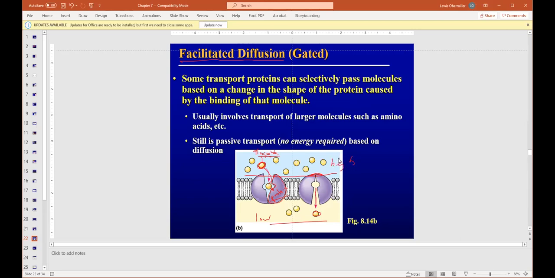High on the outside, low on the inside. So there's no energy. It's still passive. But this is gated because it sort of regulates what rate things come in and out. So like we said, still passive, no energy required.